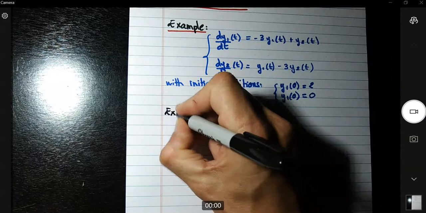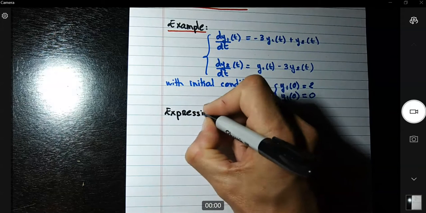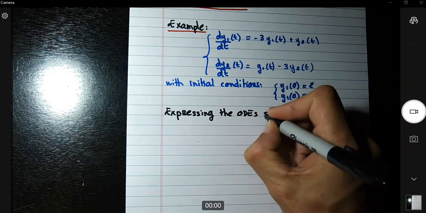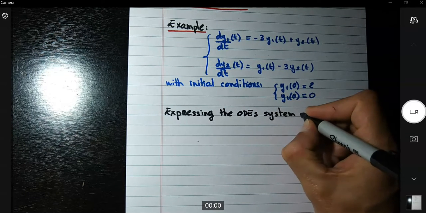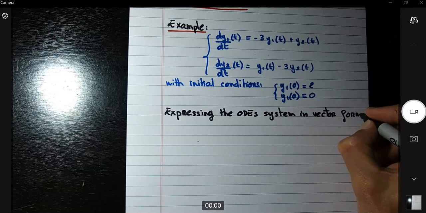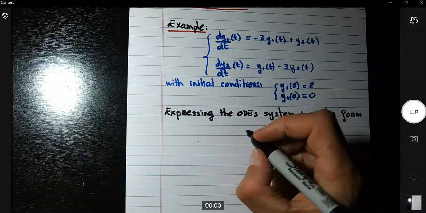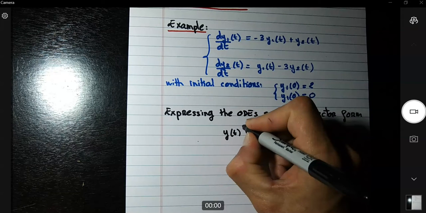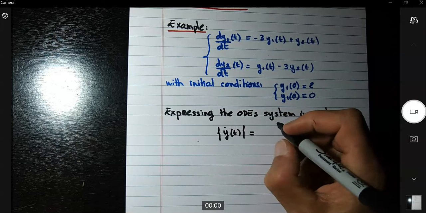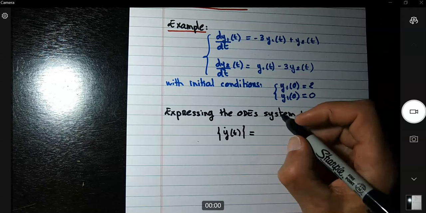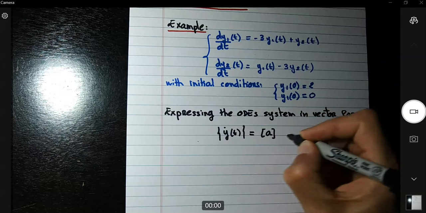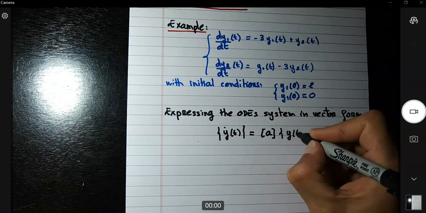Expressing the ODEs system in vector form, we're going to have y'(t) equal to the matrix A times y(t).